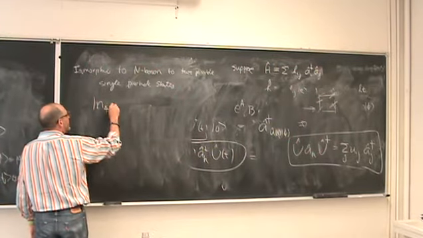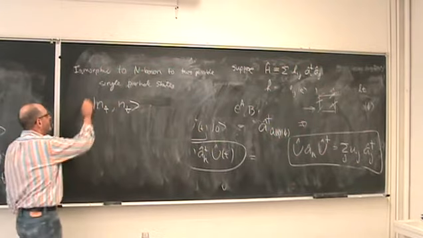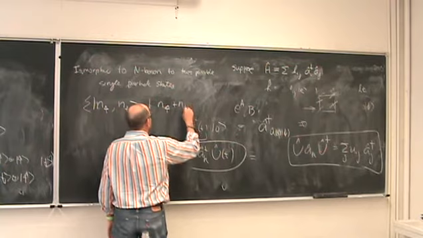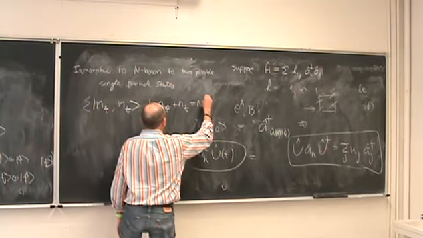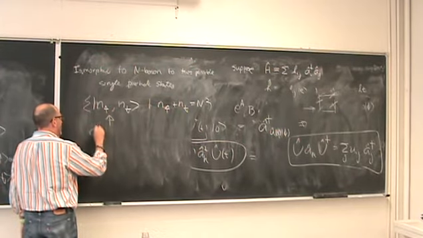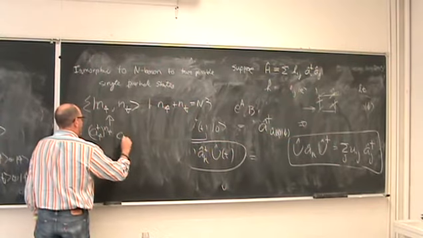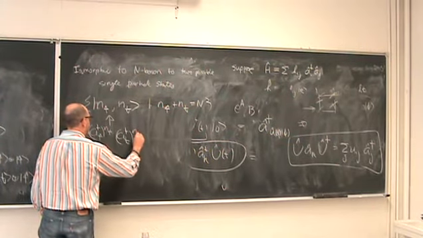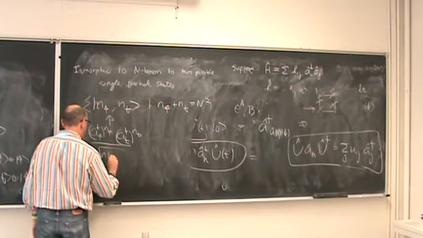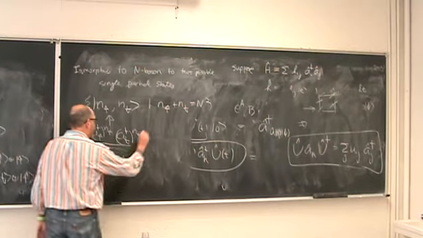I have some number spin up, some number spin down, where the total n up plus n down is n. And these are bosonic states: a dagger up to the n up, a dagger down to the n down, over the square root of n up factorial n down factorial, acting on the vacuum.